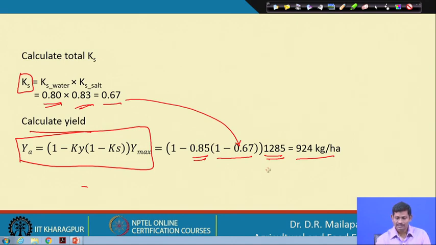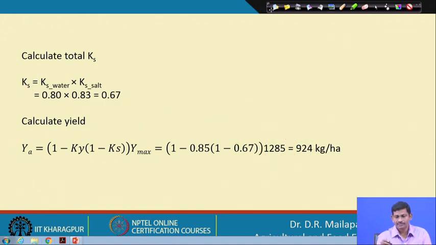So, look at this. This is the maximum yield, and due to both water stress and combined stress, the yield is reduced to 924 kg per hectare. So, that is the effect of the salt and water stress.